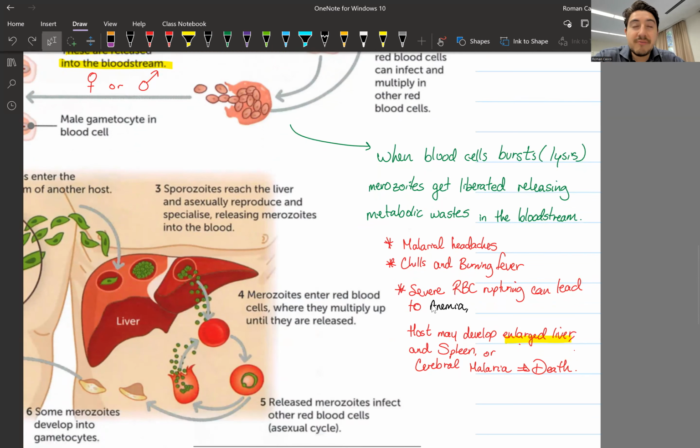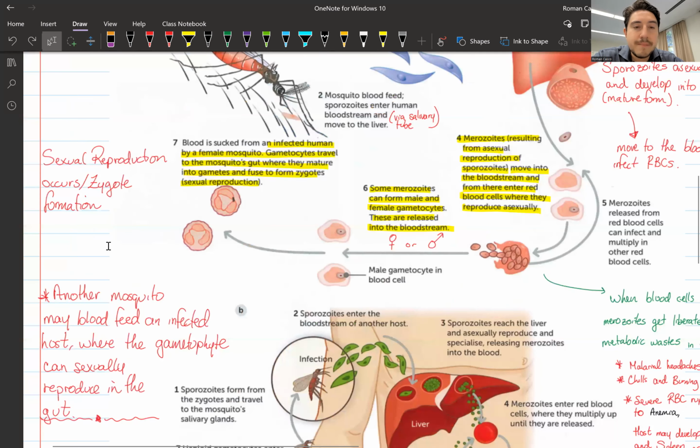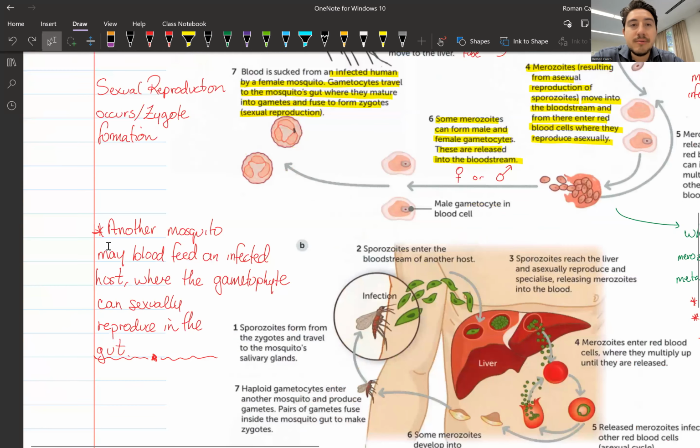In severe cases you can get liver damage, an enlarged liver or spleen, and in incredibly severe cases, cerebral malaria, where you're having brain tissue damage, which can cause death. So it's critically important to understand what malaria is and why it's important to mitigate this Plasmodium parasite.